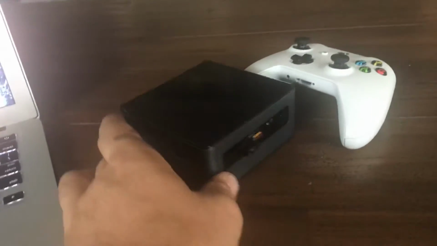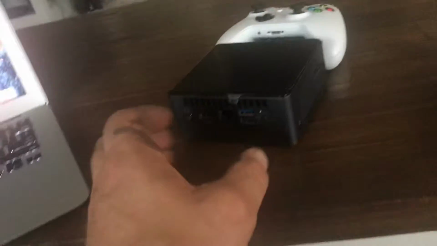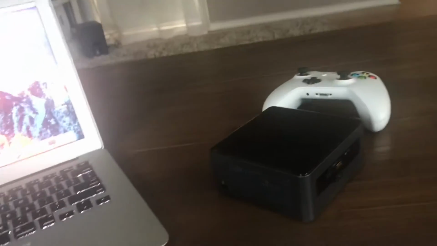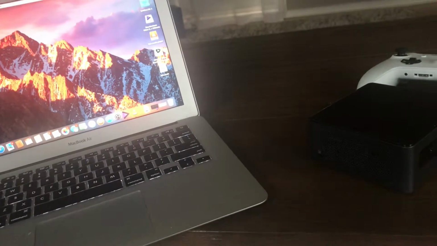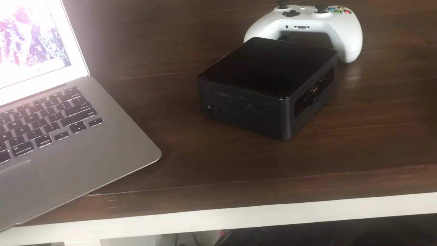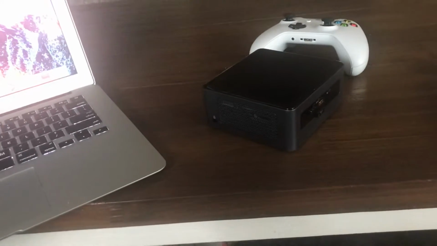It does support 4K at 60 hertz, and it's basically like a bare bone. So all you need to buy is a keyboard, a mouse, then you need to buy a hard drive for it, and what else? I think there is a hard drive and a RAM.